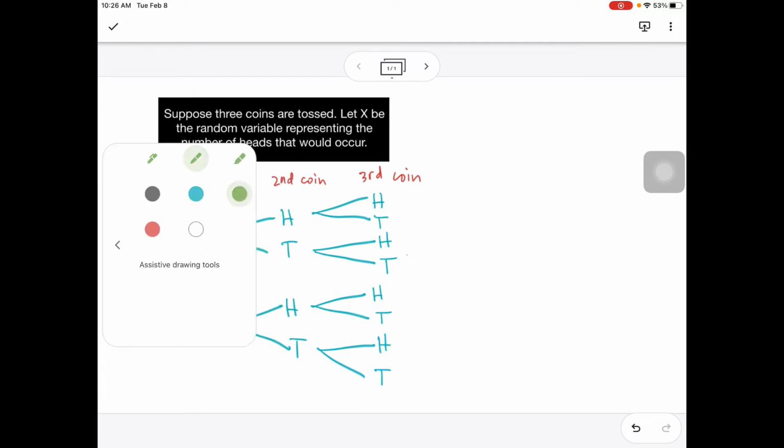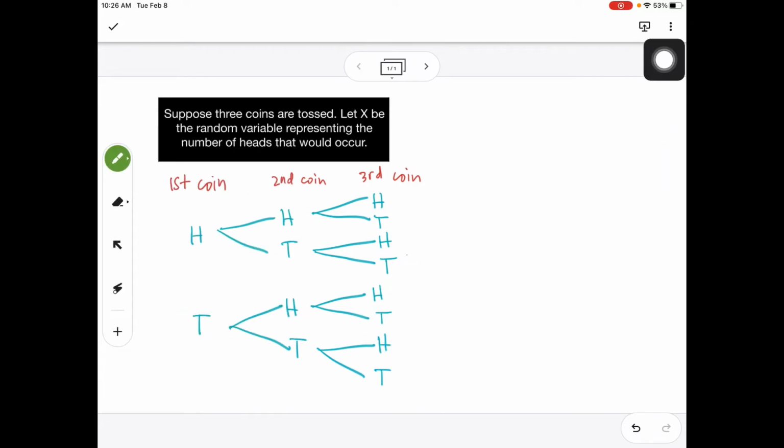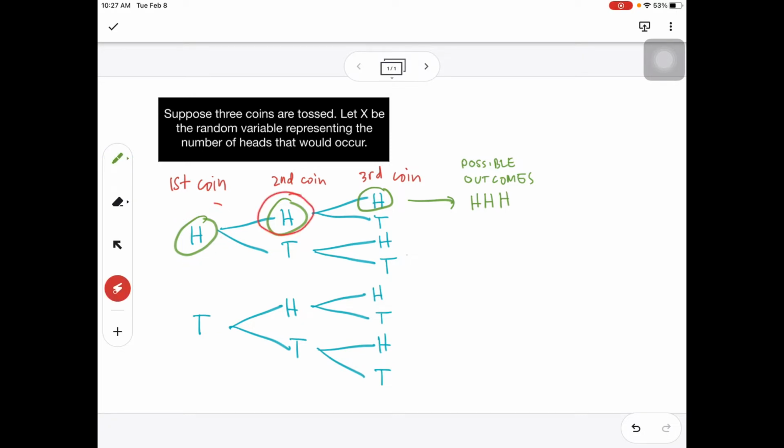Now we can already list down the possible outcomes. So let's have here, this is H, heads, heads, and heads. So we have H, H, H. Second outcome is heads, heads, and tails.